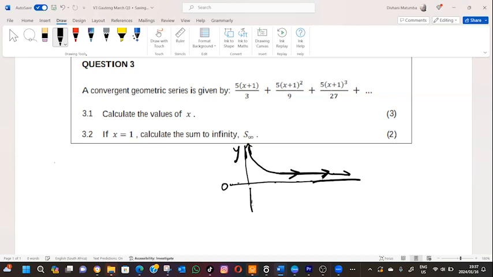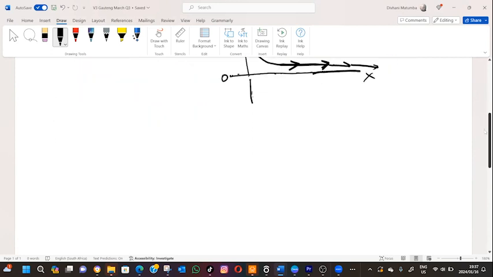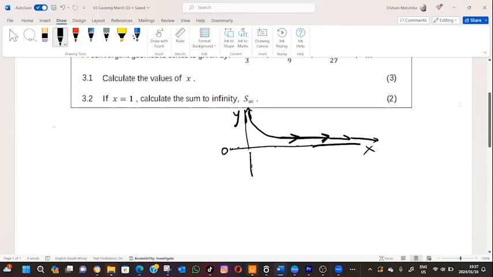Let's say this is your y-axis, this is your x-axis. So it will converge eventually, but where? At infinity. That's what it means. So without wasting anyone's time, let us go to the question.